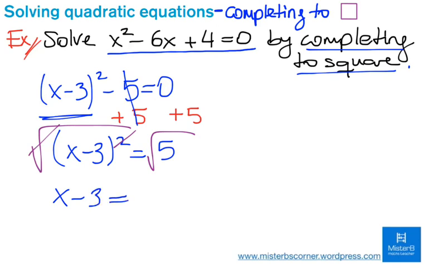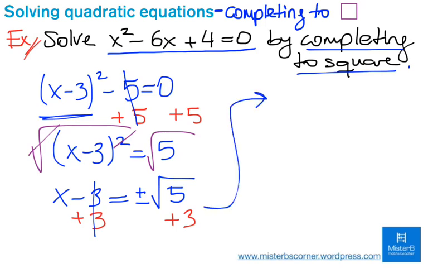And here, because I'm taking the square root of 5, I don't know if it is a plus or minus value, so I have to write them both. So it's going to be plus or minus square root of 5. And then, if I add 3 to both sides to leave x alone, so basically I'm now solving a linear equation, I will have x equals 3 plus or minus square root of 5.